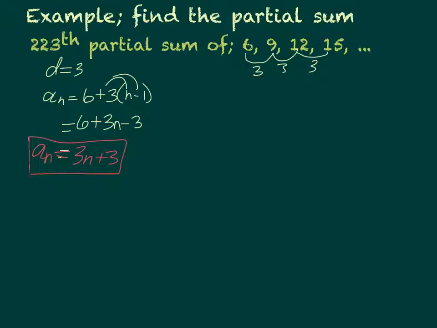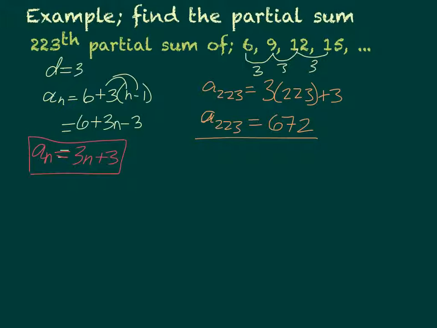So that is my a sub n term, so now I can find the 223rd term. a sub 223 equals 3 times 223 plus 3. If you type that into the calculator, you get a sub 223 equals 672.